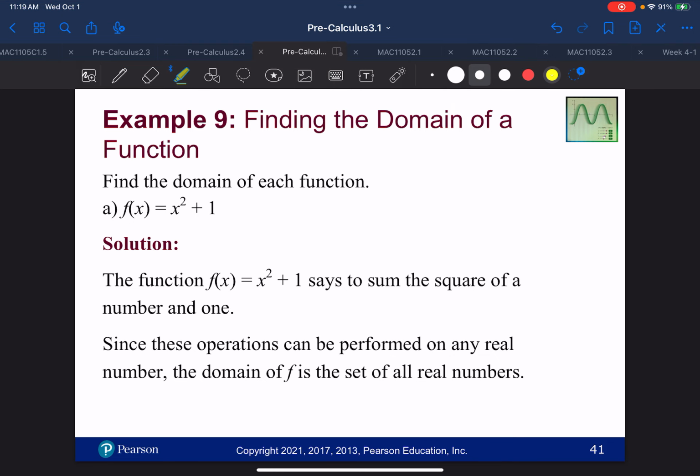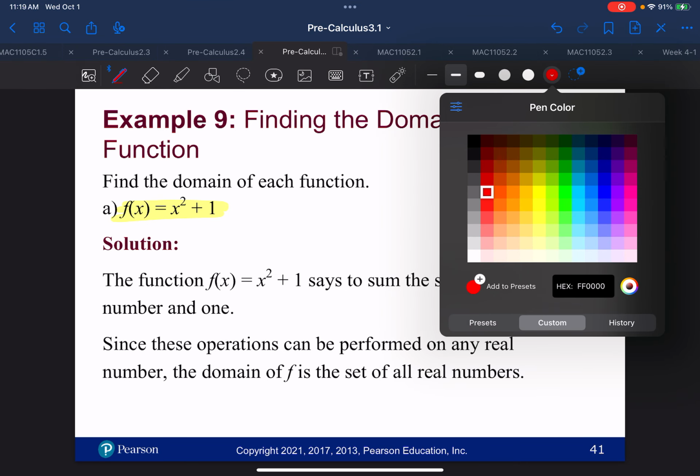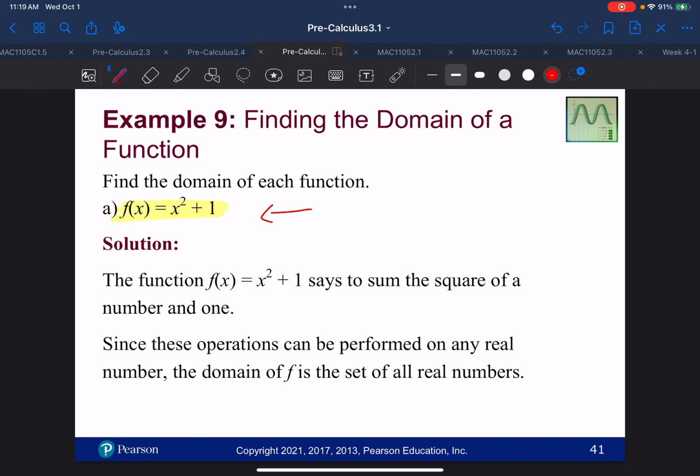Okay, so first example wants us to find the domain of f of x is equal to x squared plus 1. Well, if you look at this function and you think about the restrictions, there is none. I can plug any number in I want to for x. I'll get an output. There's nothing that's going to create an undefined value in this function.